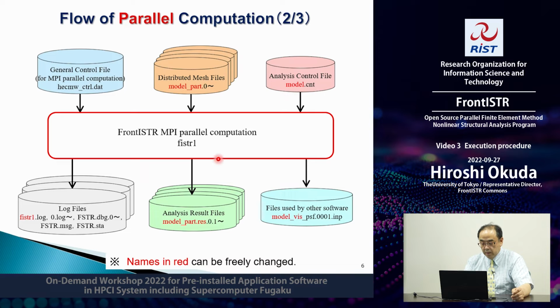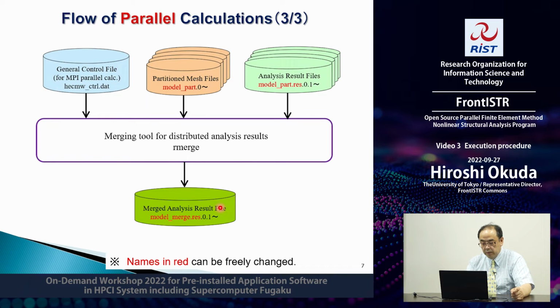Then FrontISTR runs in a parallel environment, and the results are also distributed. But we are offering a utility called R-merge, so that the computational results are merged into one domain mesh, one domain result.